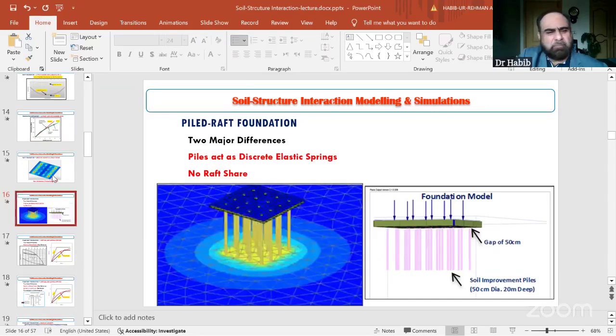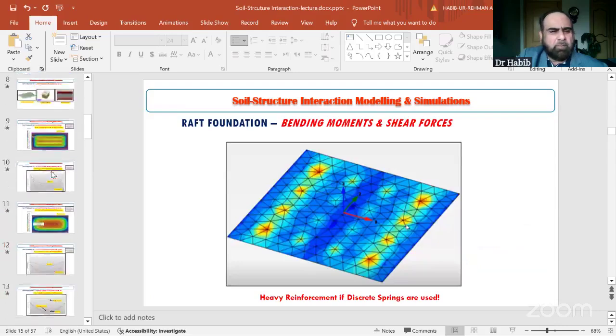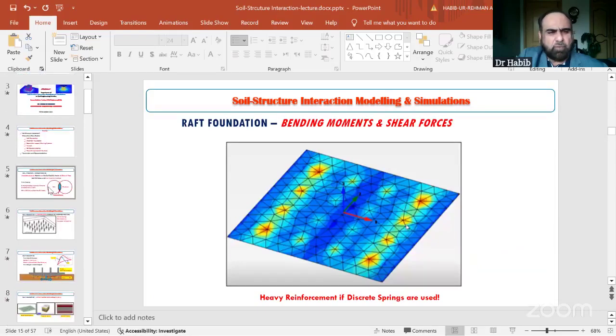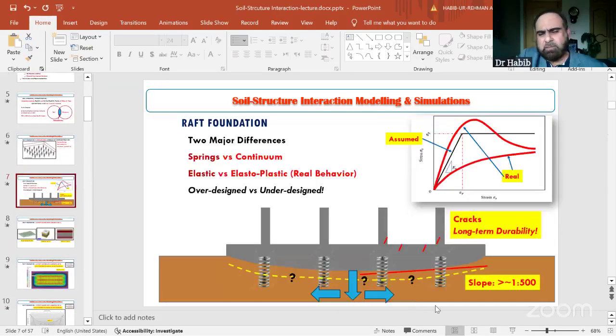Okay, it's my purely personal experience. I'll go to this slide, and I mentioned here that many people ask that if we have gone unsafe, we have not seen anything wrong with the structure.